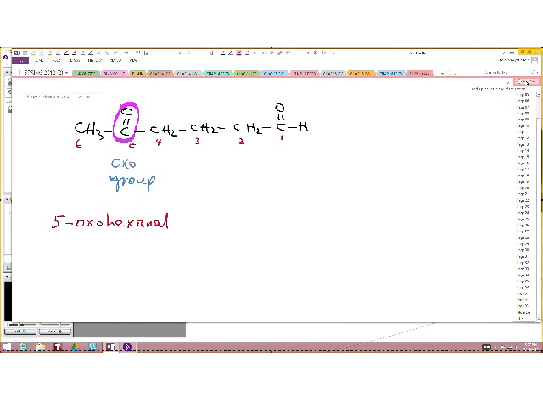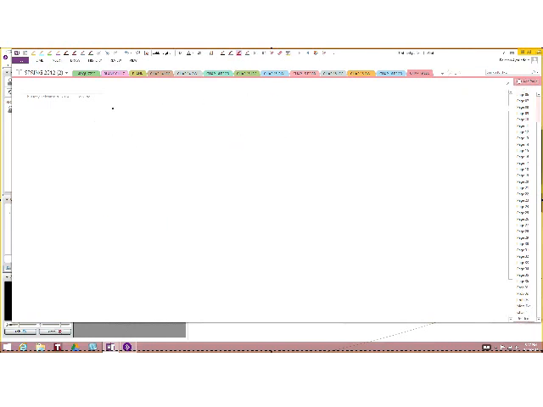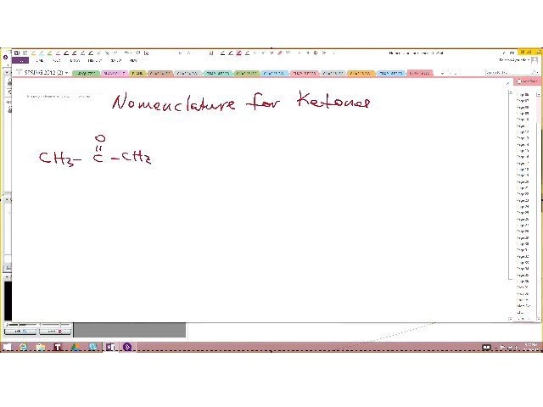Now, let us go to nomenclature for ketone. Of course, the smallest ketone is this molecule here, and the common name for this is acetone. That is the common name for that molecule. But the IUPAC name for this is 2-propanone.